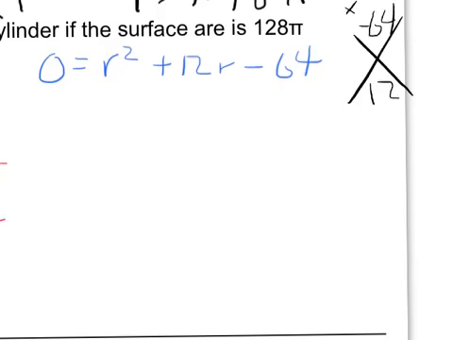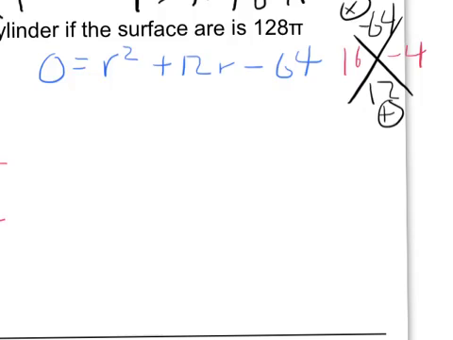I'm looking for something to multiply up to that, add up to that. You may want to pause and see if you could figure out what 2 numbers do this, if you haven't done this already. But if you think about it, you end up with 16 and negative 4. So 16 times negative 4 is negative 64, and 16 plus negative 4 is 12.